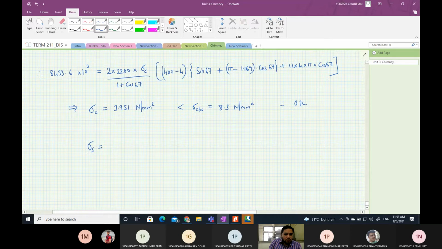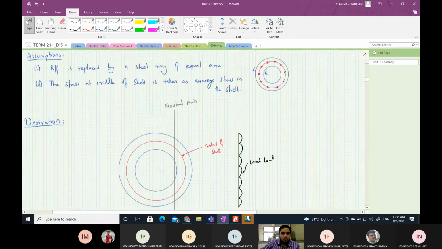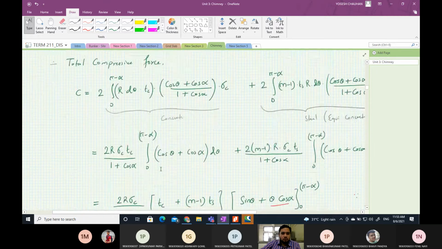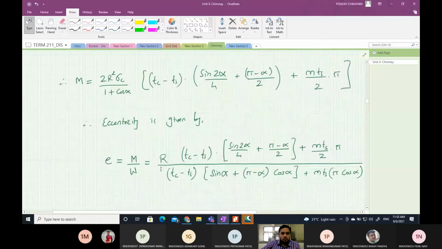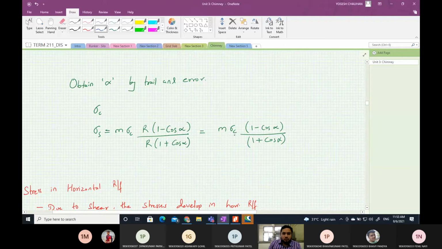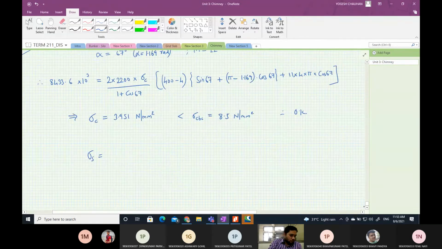So sigma S is equal to m times sigma C into 1 minus cos alpha divided by 1 plus cos alpha.